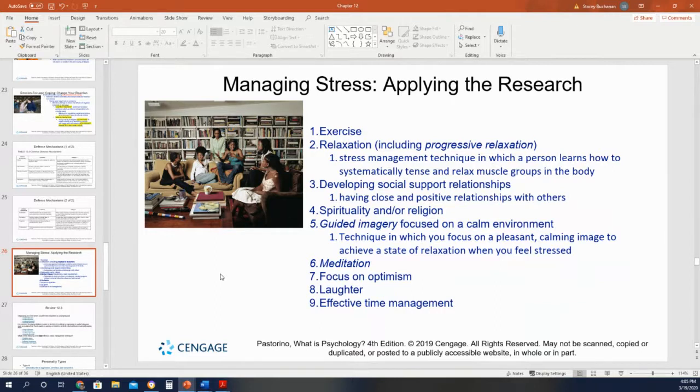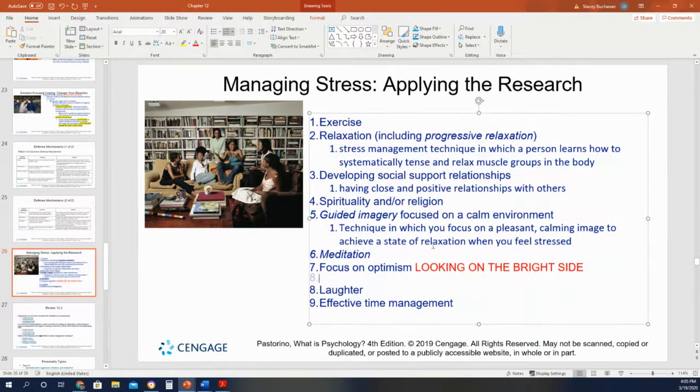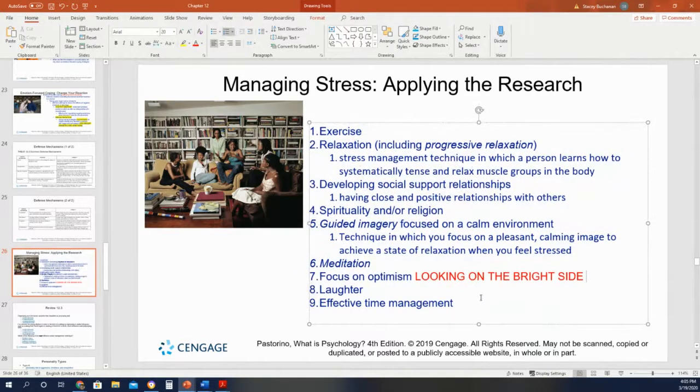Meditation, focusing on optimism. So actually, there we go. So looking on the bright side. Laughter. So laughter is the best medicine, I say. So being able to laugh at the situation, though it might be stressful, being able to see the oddness of it, maybe.